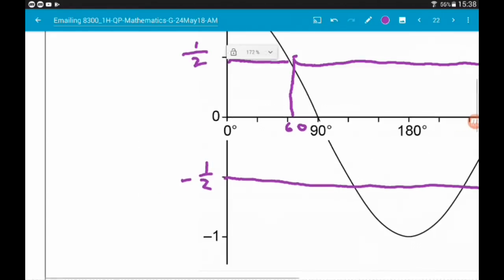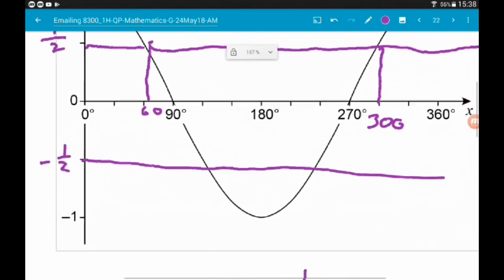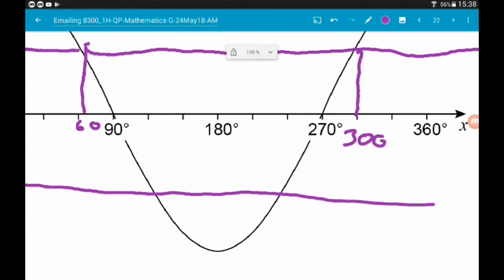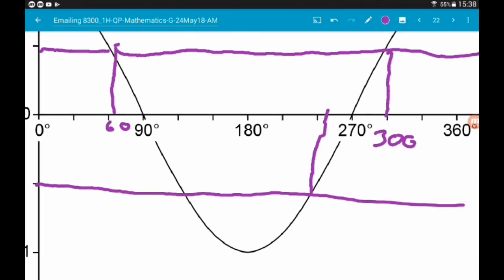Now we want the value between 180 and 360. So the one that we want is the x value here. Again, we can use the symmetry of the graphs.